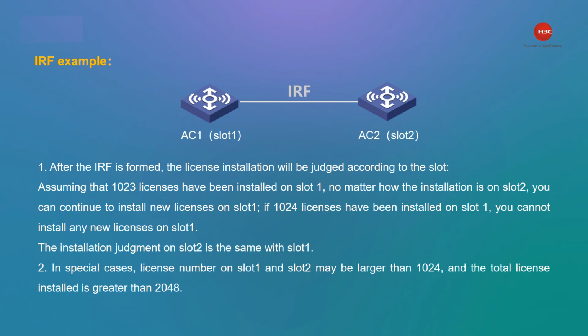If 1024 licenses have been installed on slot 1, you cannot install any new license on slot 1. The installation judgment on slot 2 is the same as slot 1. So, in some special cases, the license number on slot 1 and slot 2 may be larger than 1024, and the total license installed is greater than 2048.